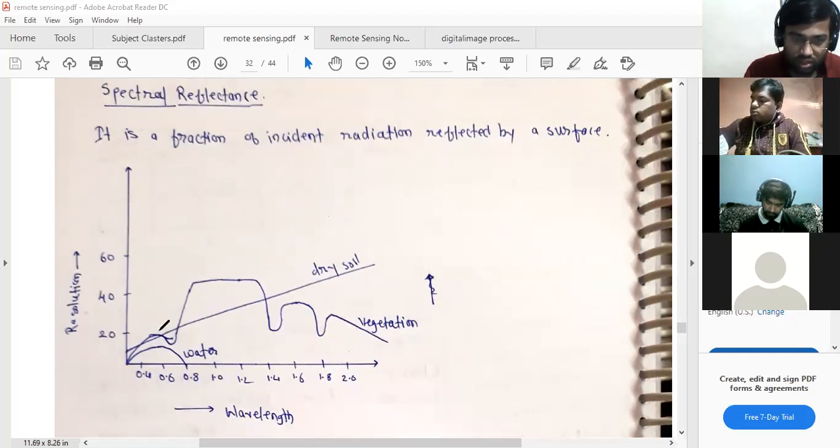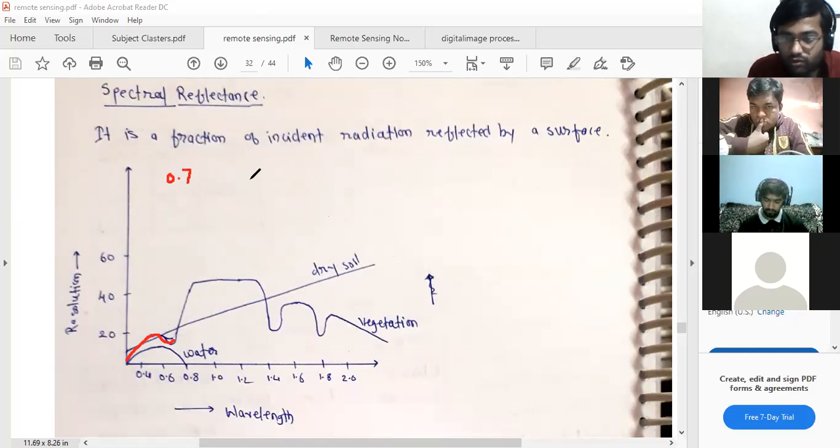In case of dry soil, you will receive an approximately straight line like this. Then in case of vegetation, we have valleys like this. Number 1 at, let's say, 0.7, between 0.6 to 0.8. This is your atmospheric window actually.